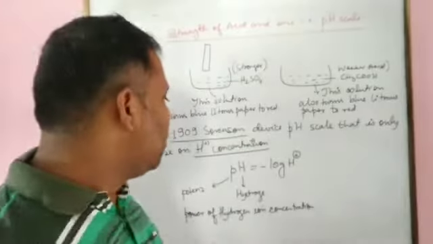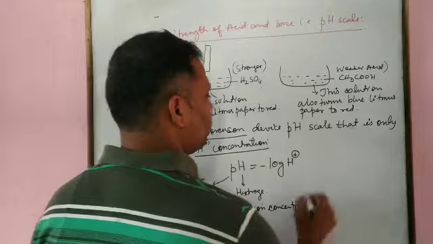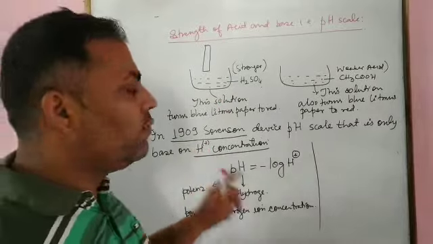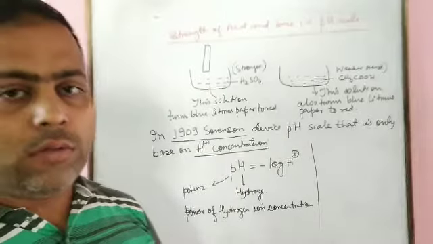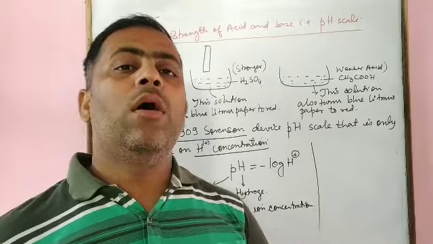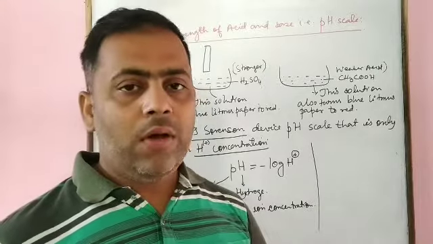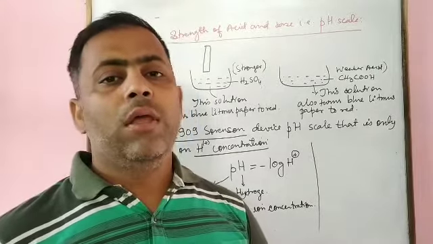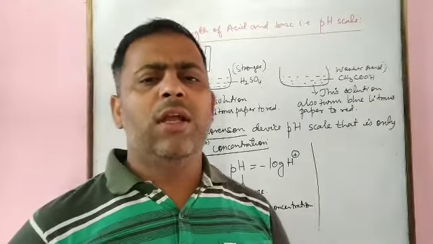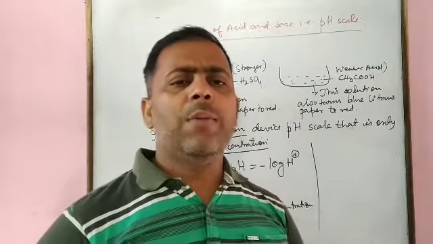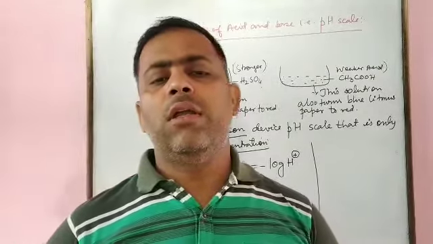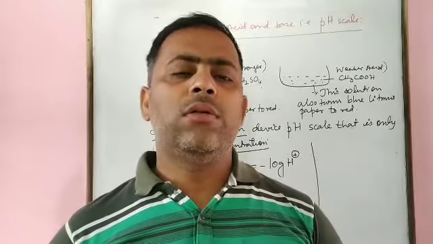Why did he use log? Because the scale was based on the concentration of hydrogen ion. And we know if we take 18 gram of water, that 18 gram of water contains 2 mole of hydrogen.